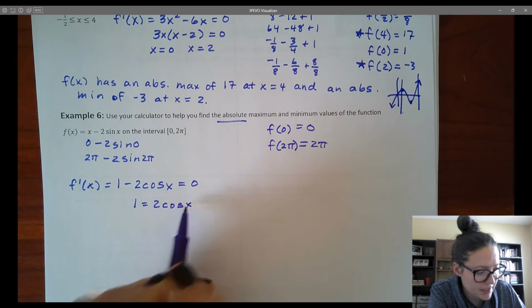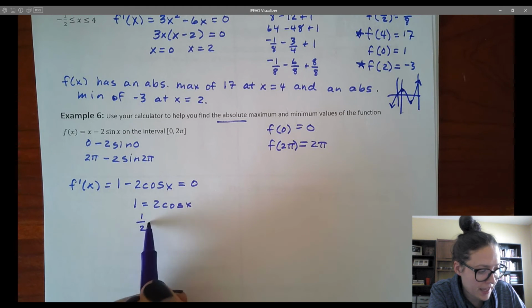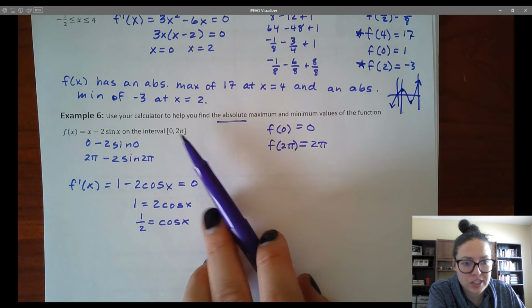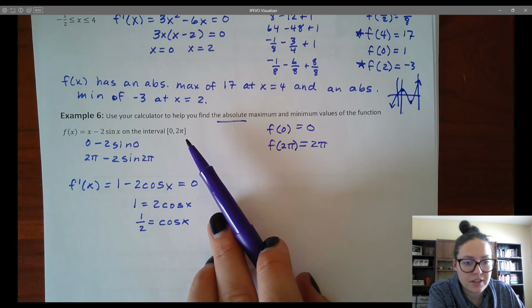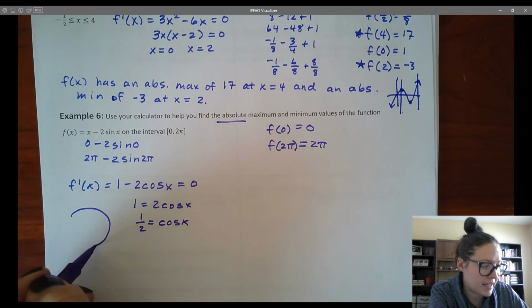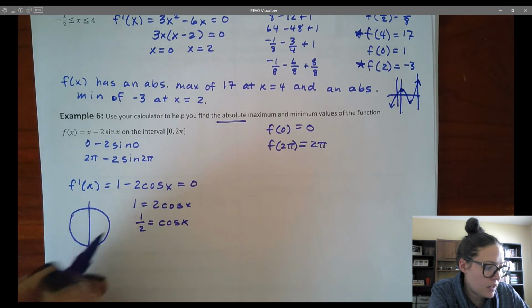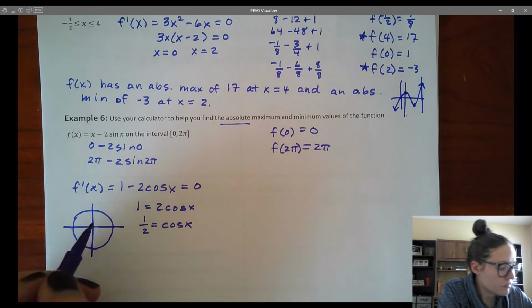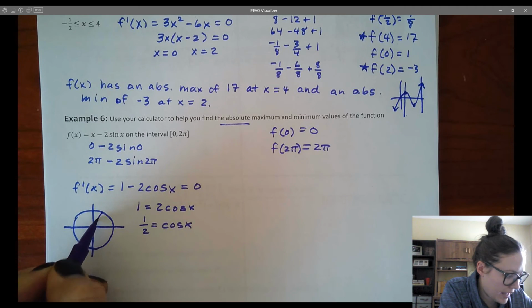And again, I know I've mentioned it before, but you need to make sure that you have a good knowledge of the unit circle. Cosine equals 1/2 right here at pi over 3. It also equals 1/2 down here at 5 pi over 3.